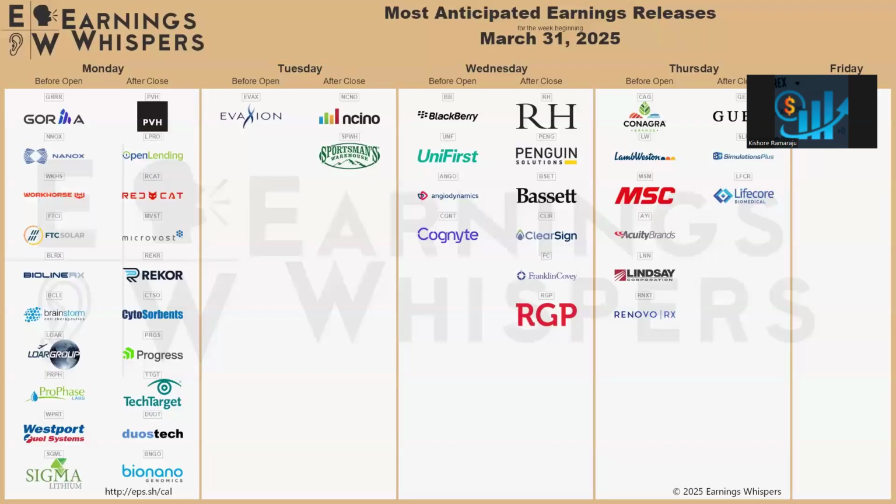For example, these are some companies which are reporting in the coming week. Before open on Monday, nearly 40 or 50 companies will report. But these are some of the top companies where there can be high liquidity.